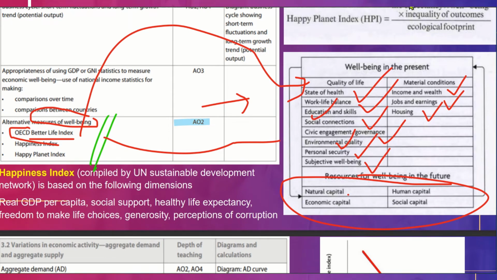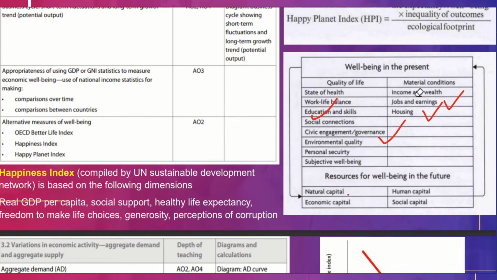Another index used to measure economic well-being is the Happiness Index. This is also an interesting method which helps to measure economic well-being. The Happiness Index is compiled by the United Nations Sustainable Development Solutions Network. In this, they use real GDP per capita as one component, social support as another, healthy life expectancy, freedom to make life choices, generosity, and perception of corruption.